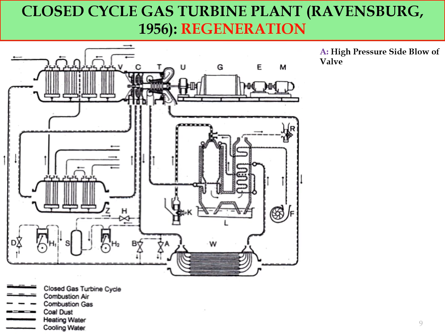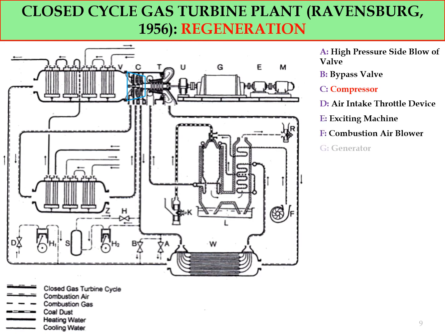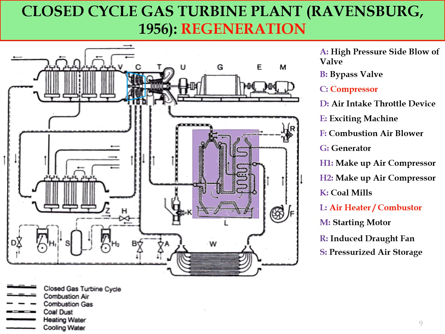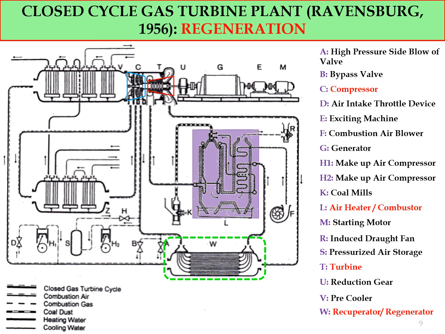A is the high pressure side blow off valve, bypass valve, compressor, which I put in the blue color there, and intake air throttle device, exciting machine, combustion air blower, regenerator, makeup air compressor, H2, H1, cold mills, air heater combustor, starting motor, induced draft fan, pressurized air storage, turbine, and reduction gear, pre-cooler, recuperator or regenerator, which I put in the green dotted rectangle, and intercooler here.